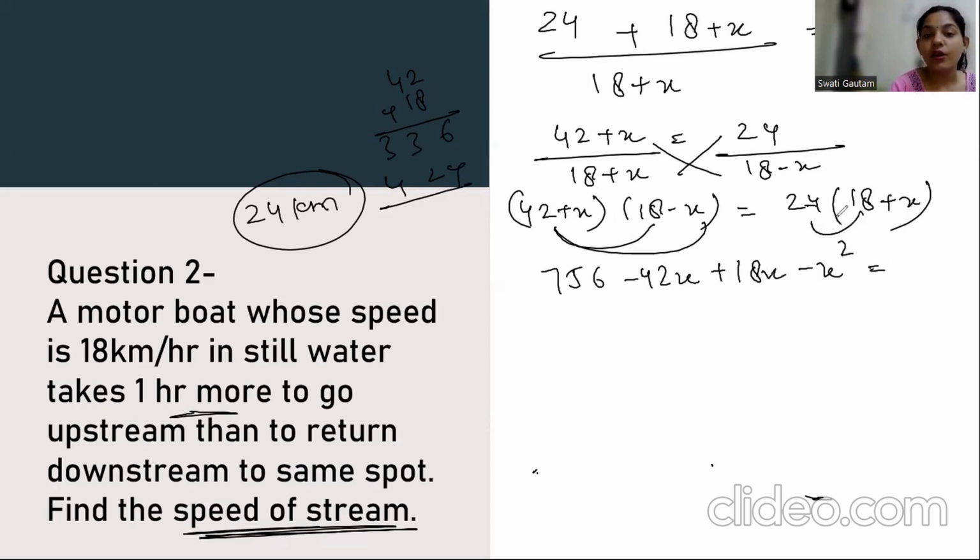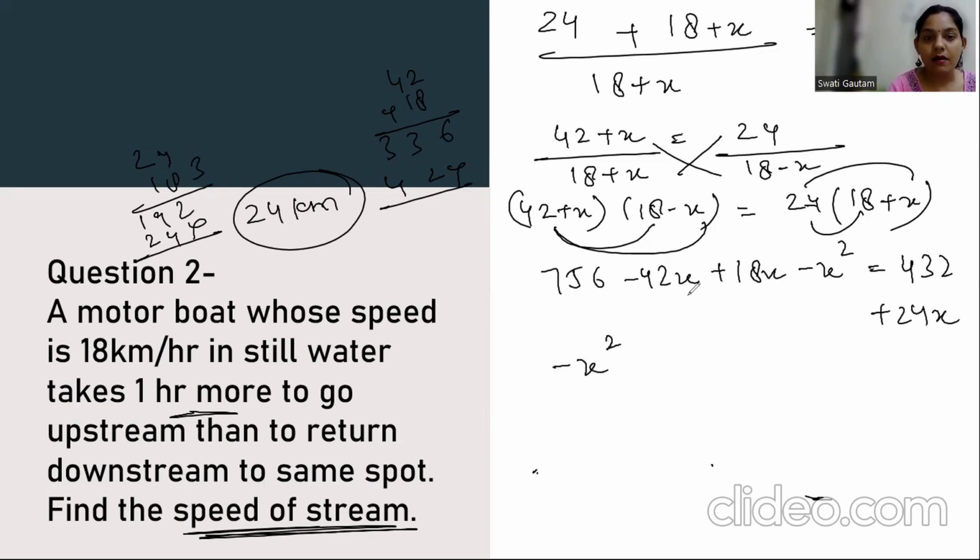Then 24 into 18 is 432, and 24 multiplied by x is 24x. Now the equation is minus x square plus 756 minus 24x is equal to 432 plus 24x.